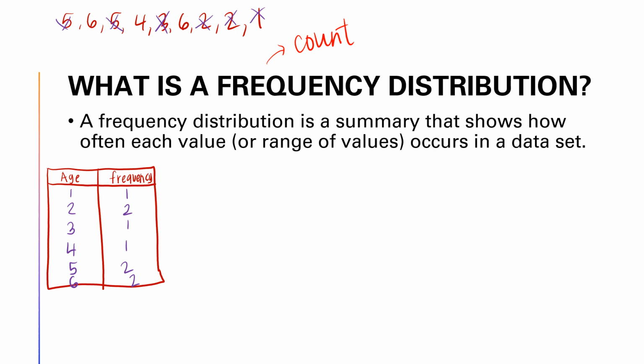So this is one way to construct a frequency distribution. You just list each value, then you count up how often that value occurred. Now this part here, range of values, this might be for a really big data set. Maybe you've got people that are 1, 2, 3, 4, 5, 6, but you've also got people in their 50s and their 60s.